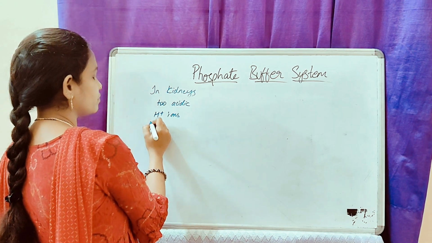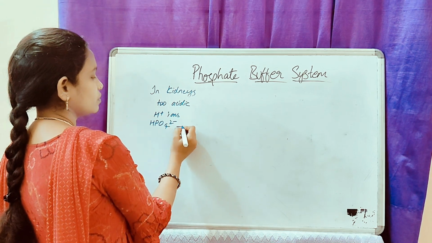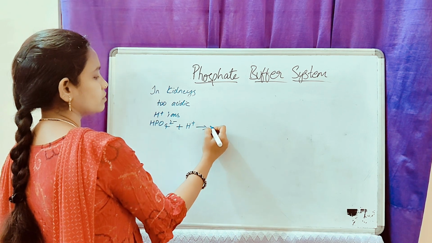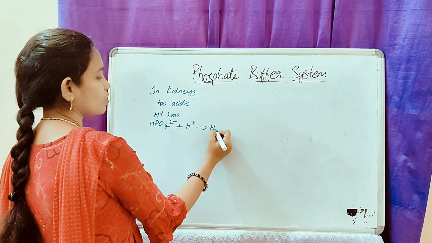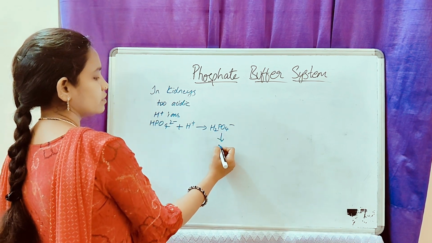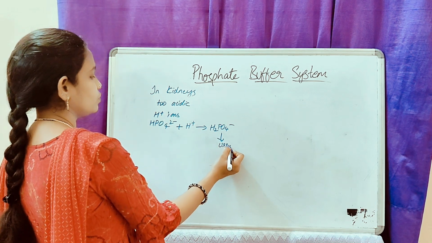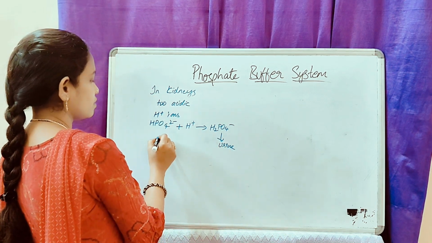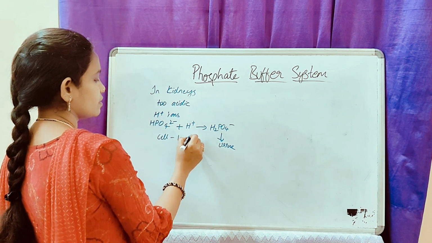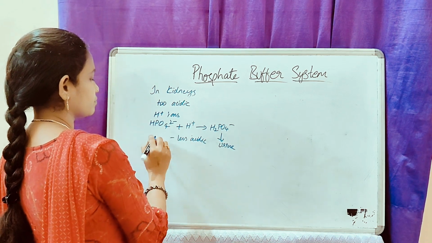Here the phosphate buffer, that is the base form monohydrogen phosphate, neutralizes extra H plus ions to form dihydrogen phosphate, which is then excreted and eliminated from the body through urine, making the blood less acidic.